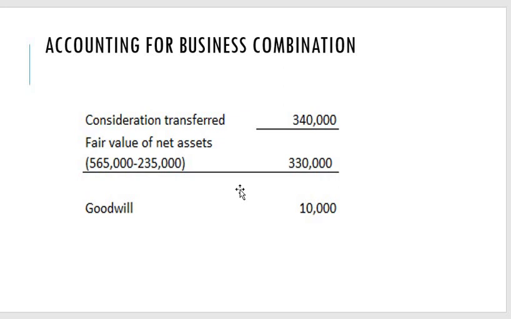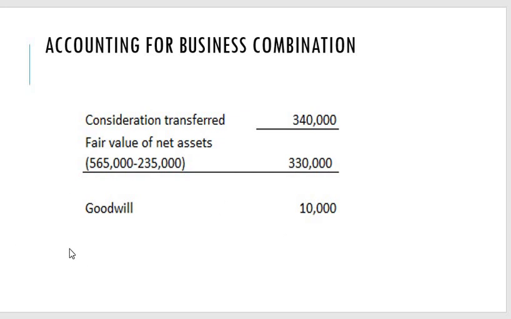We only have non-controlling interest if it's a partially owned acquisition, less than 100%. So the goodwill is 10,000. That's the consideration transferred of 340,000 less the fair value of the net assets, which is 330,000, the difference between the assets and liabilities at fair value. Then we have a goodwill of 10,000.